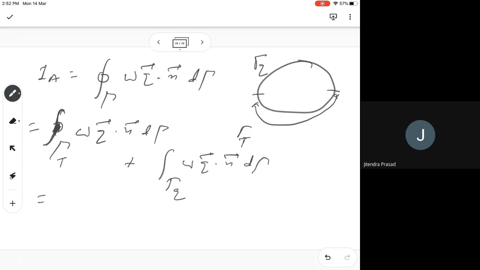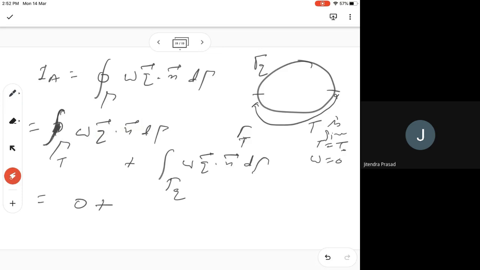Now we know that temperature is given here, that means W will be 0 there. Here T is given, T equal to T naught, so W will be 0 here. So for the first one, the value will be simply 0.